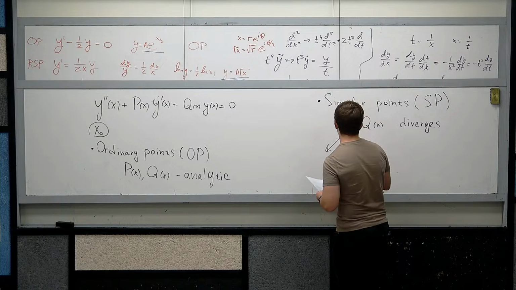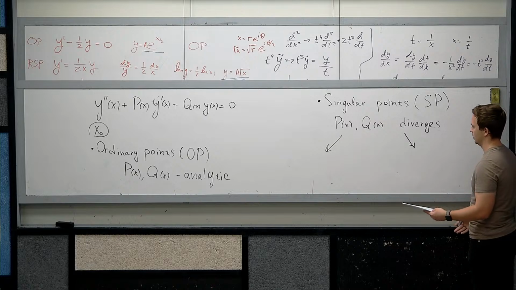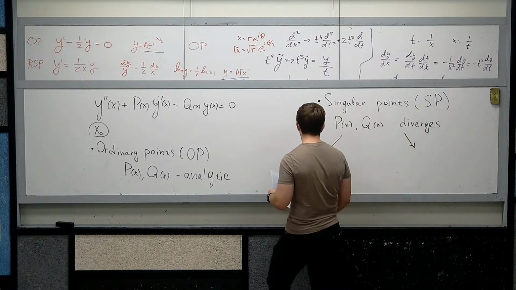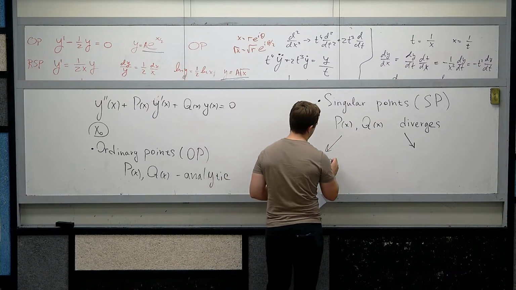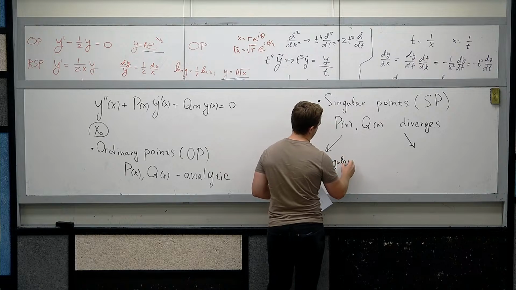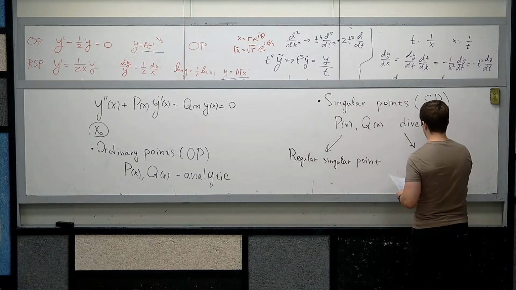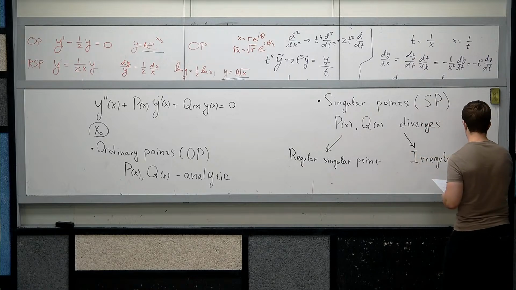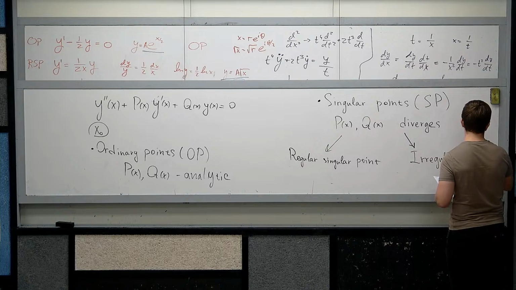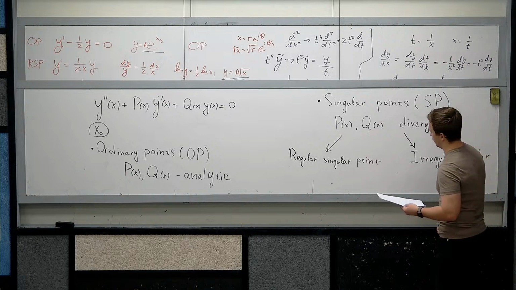And a singular point can also be divided into two groups. The first one is a regular singular point, the second one is an irregular singular point. The difference between those two is the following.